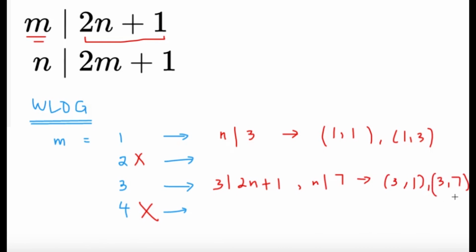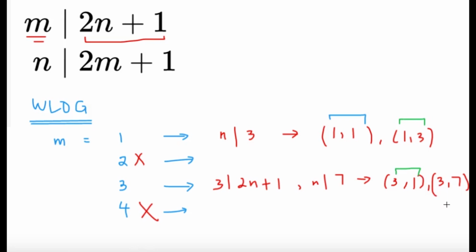All right, and there we have it. We have these possible solutions. But we have to take note that we assumed that m was the smaller one, so I can interchange m and n here. Although we see just 4 solutions, (1, 1) reversed is also (1, 1), and (1, 3) and (3, 1) are reverses of each other already.